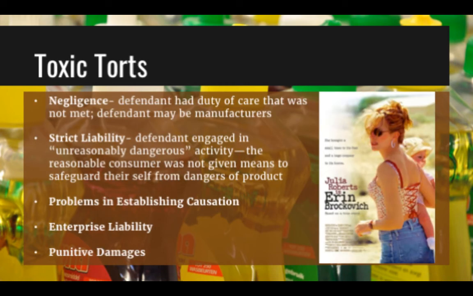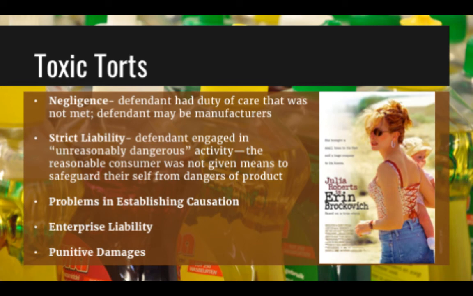Toxic torts are a group of methods of recovery when individuals are injured or killed by exposure to toxic substances. Torts include negligence and strict liability, and a successful case seeking compensation may apply both theories.